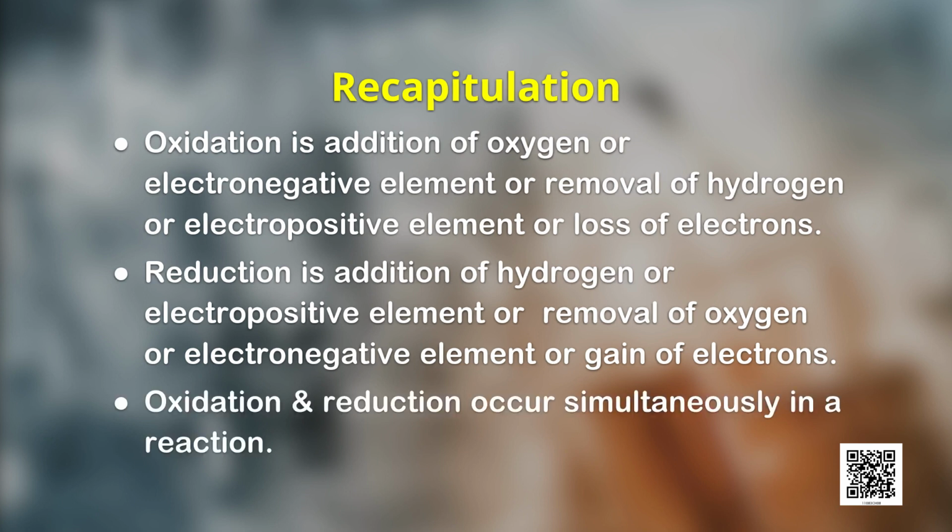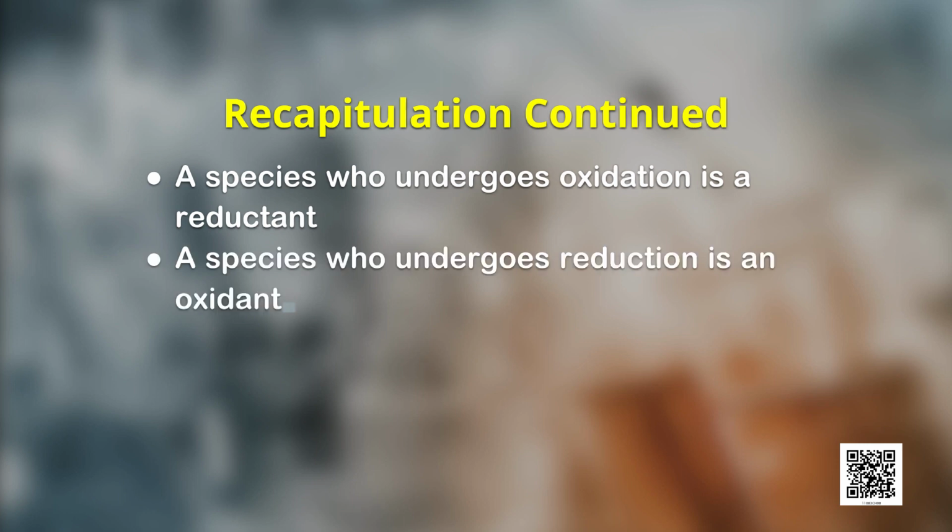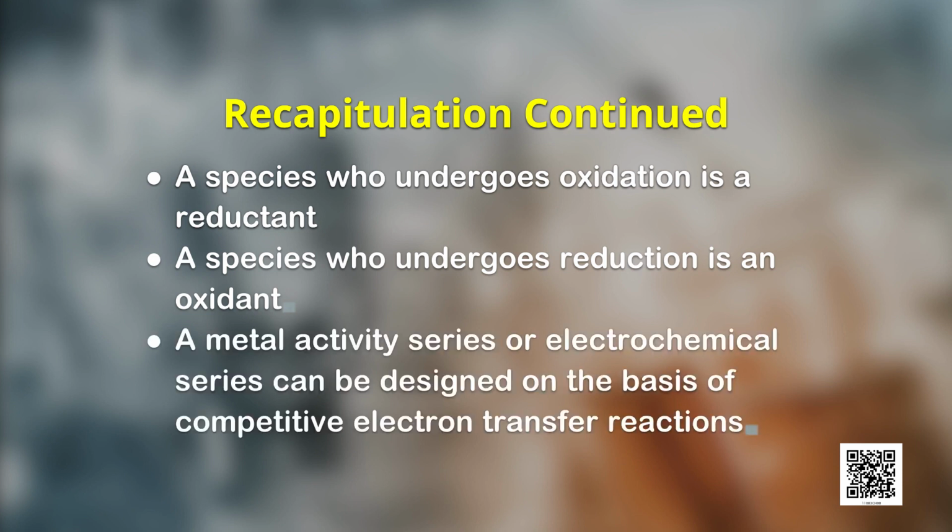Oxidation and reduction occur simultaneously in a reaction. A species which undergoes oxidation is a reductant, and a species which undergoes reduction is an oxidant. A metal activity series or electrochemical series can be designed on the basis of competitive electron transfer reactions.